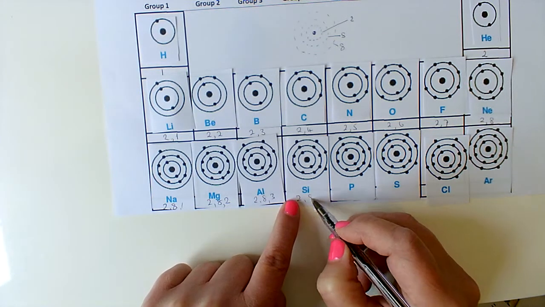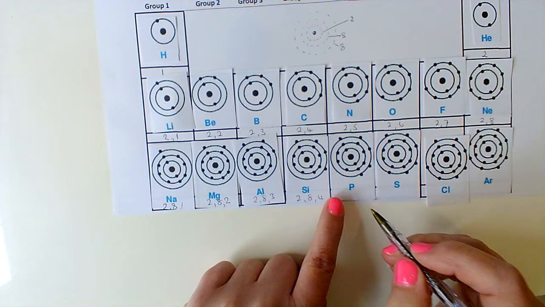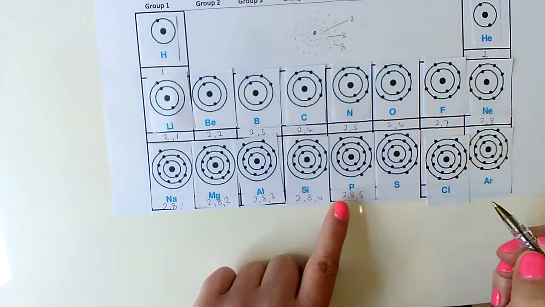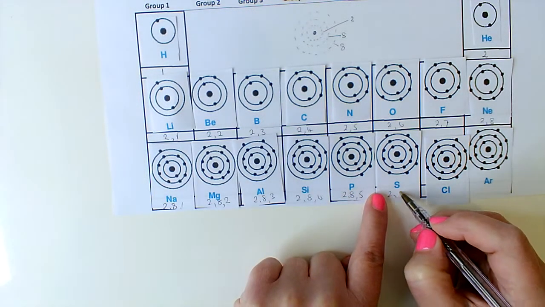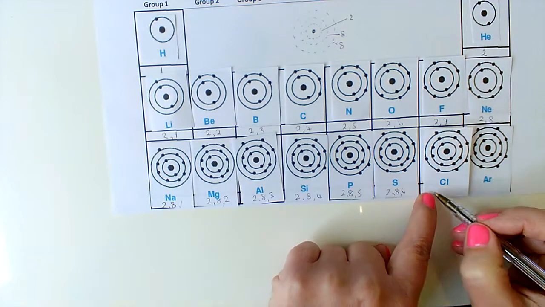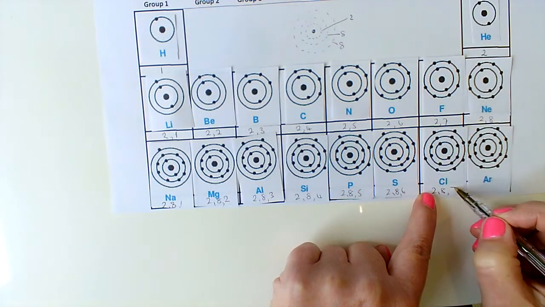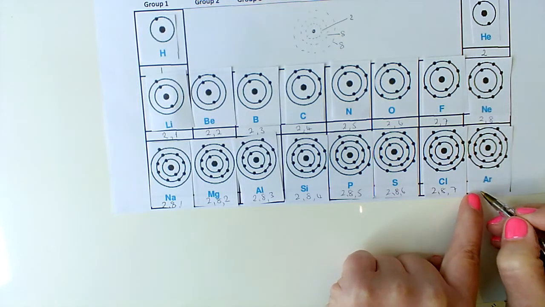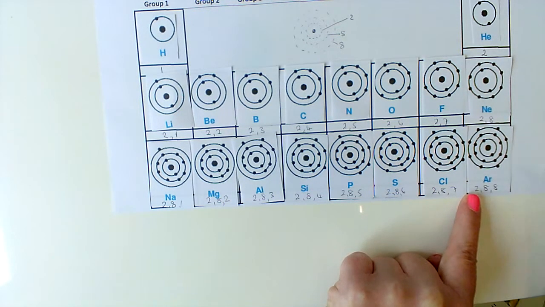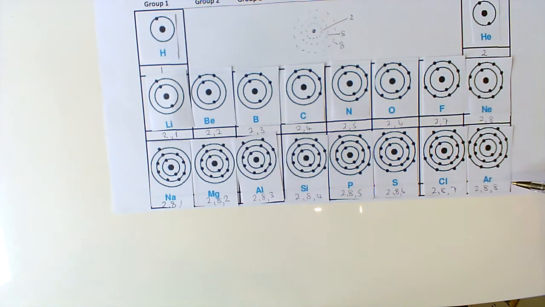Silicon, 2, 8, 4. Phosphorus, 2, 8, 5. Sulfur, 2, 8, 6. Chlorine, 2, 8, 7. And argon, 2, 8, 8, and once again a full outer shell.